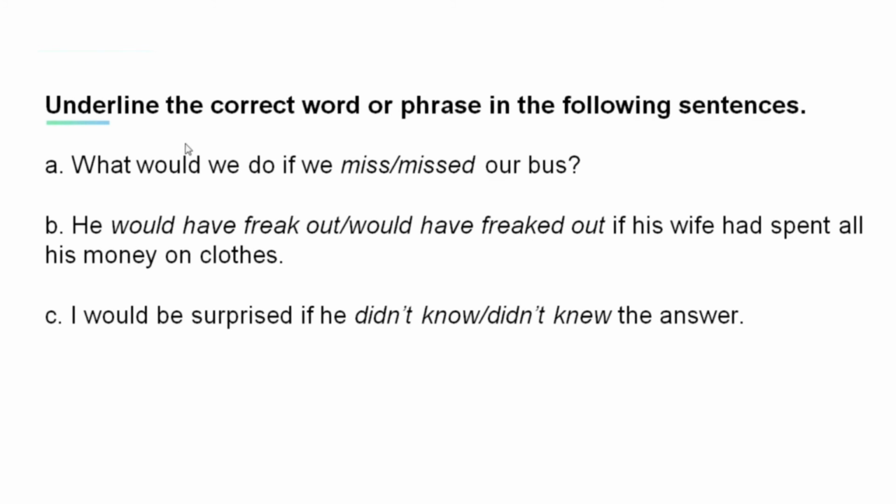And now, underline the correct word or phrase in the following sentence. A. What would we do if we missed our bus? B. He would have freaked out if his wife had spent all his money on clothes.